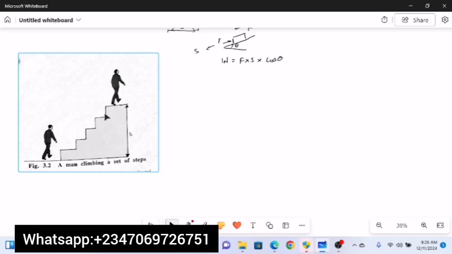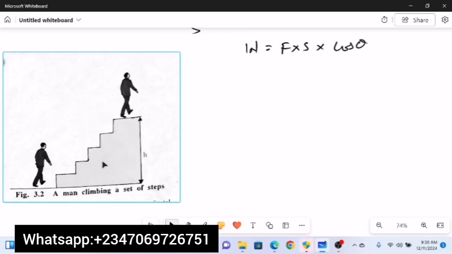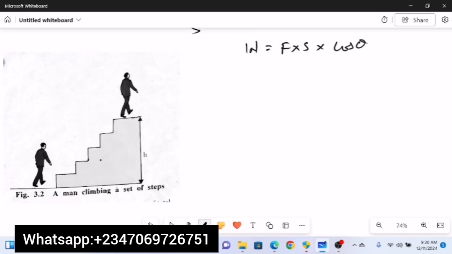But this work is directed against gravity, which is moving upwards. In that case, what this man is moving through this height is his weight, because the weight is always directed towards the center of gravity. Recall we said earlier that work done is given simply as the product of force and the distance covered.